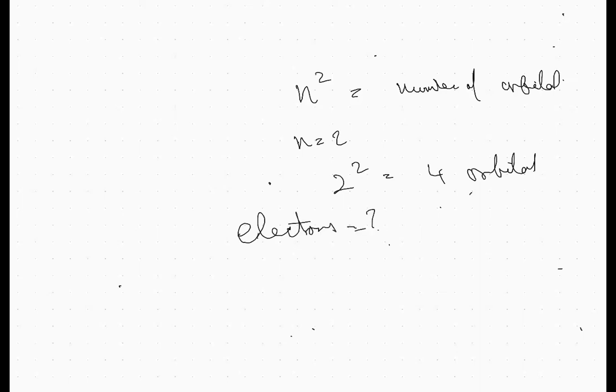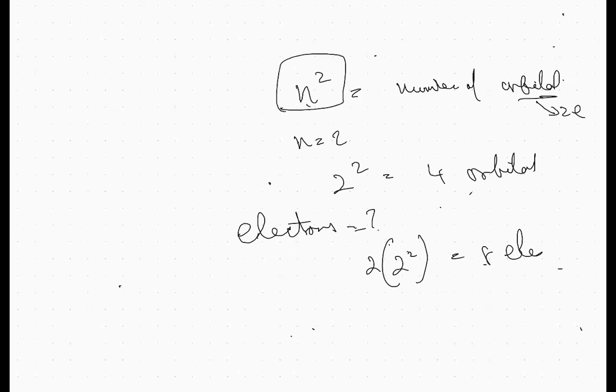So that will be 8 electrons. So the formula for the electrons is 2n squared. You don't have to actually write s, p, and go through the process. n squared is the number of orbitals, 2n squared is the number of electrons. But remember, first you do n squared, then multiply by 2, because each orbital can hold 2 electrons.